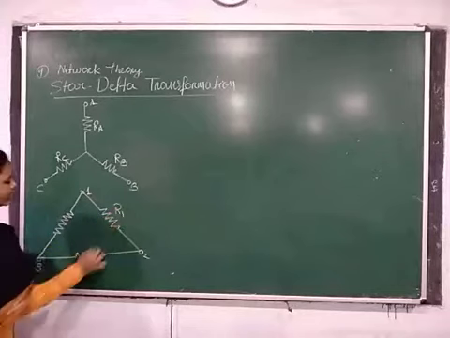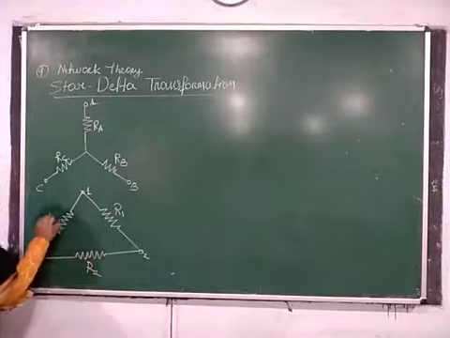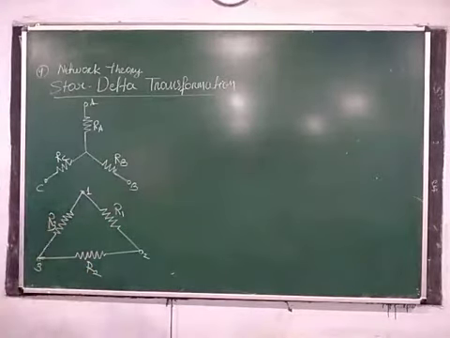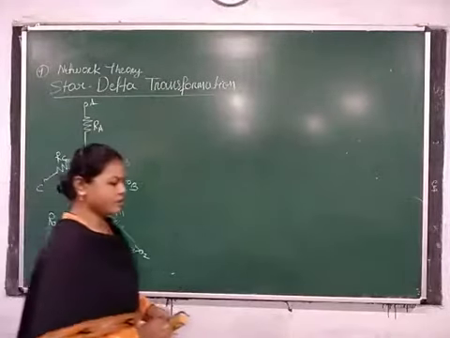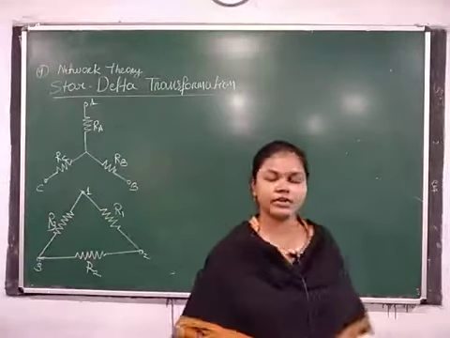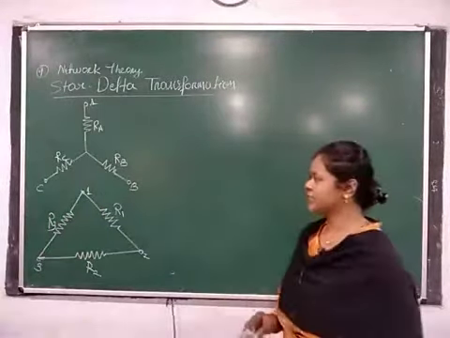Let R1, R2 and R3 be the resistances of the delta connection. For differentiating the branch resistances between star and delta connection, I named the branch resistances of the star connection as RA, RB, RC and of the delta connection as R1, R2 and R3.